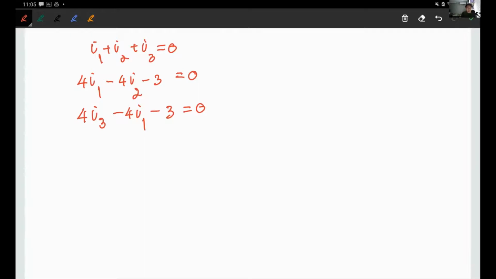What I can do is eliminate some of the unknowns if I want. For example, eliminate I1. I don't know, is this a good or bad way?